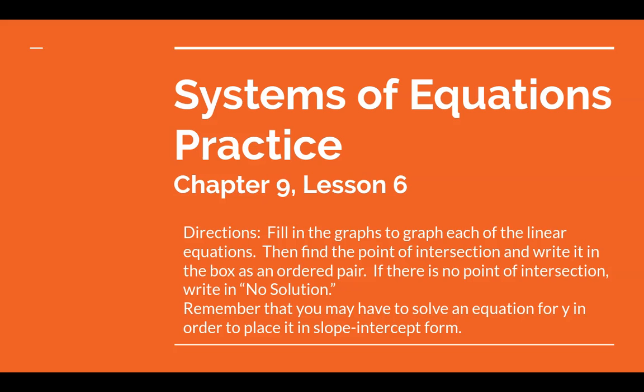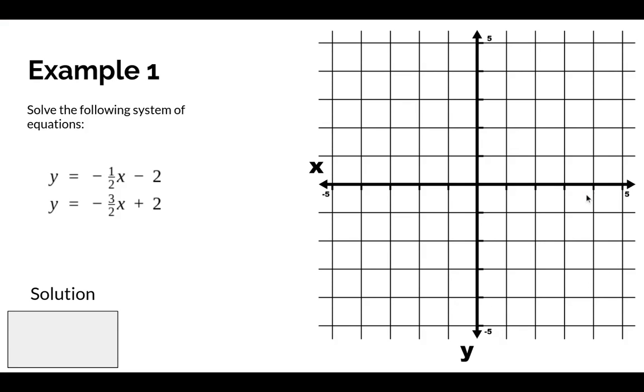So I'm going to give you a couple of examples. Our first example is asking us to find the solution of the system of equations y equals negative 1 half x minus 2 and y equals negative 3 halves x plus 2. Notice the slope for the second equation is an improper fraction.